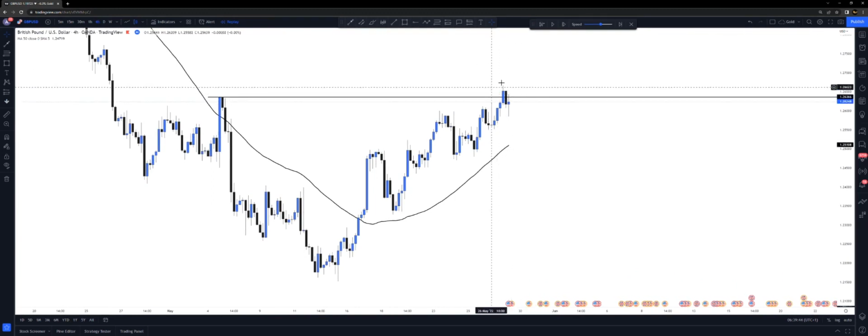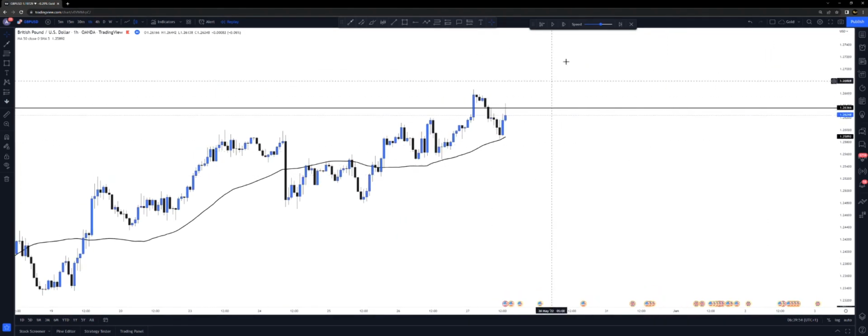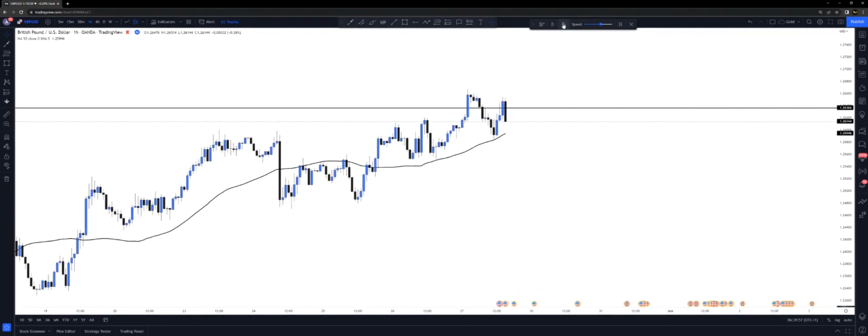Now this is a bearish engulfing from the 4 hours. So let's dive deep and see what's happening. Check out the moving average.